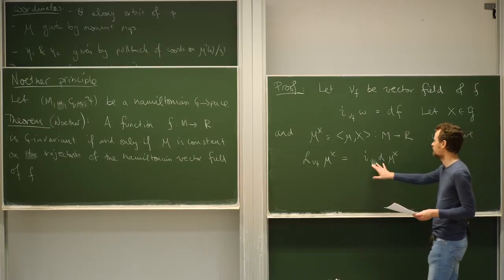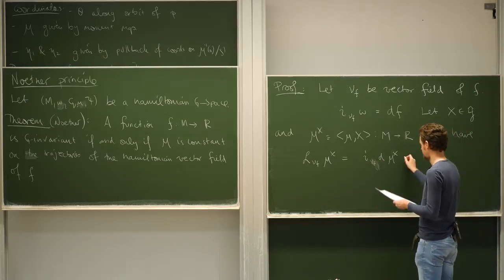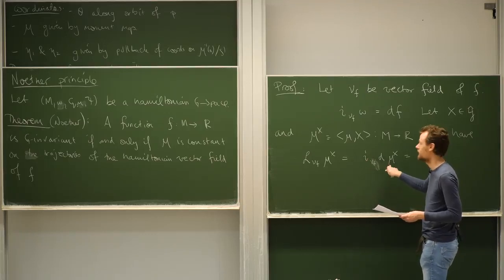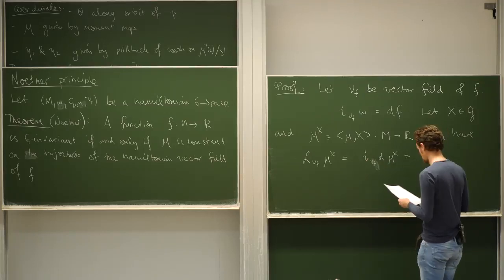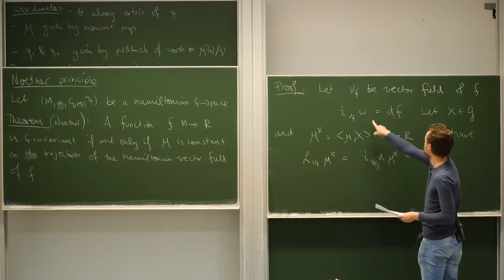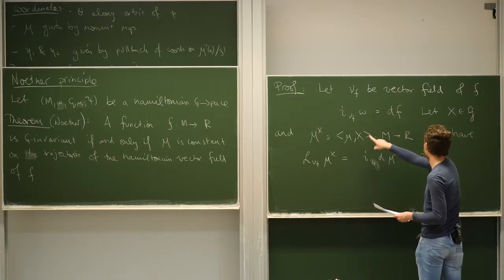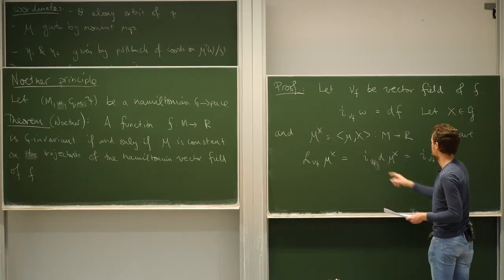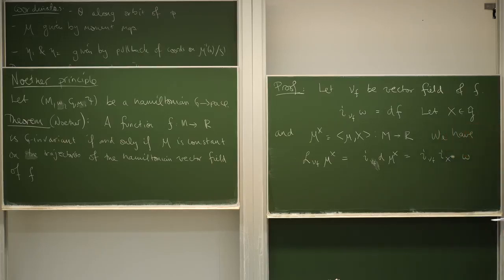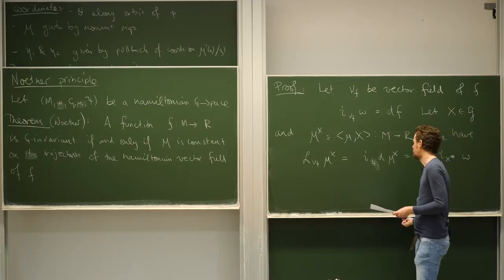So the Lie derivative of a function is i d. The d i doesn't happen because the interior product of a function with a vector field is nothing. But then we use this definition here to undo d of mu x.